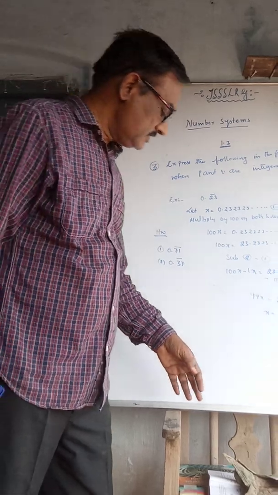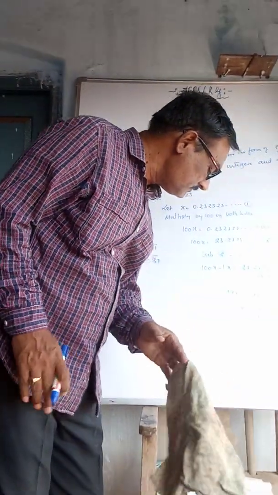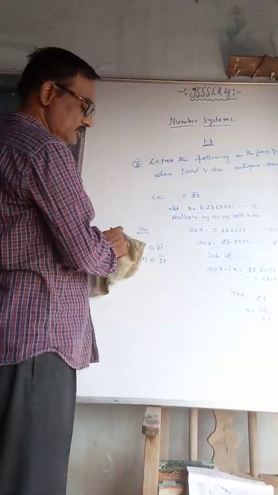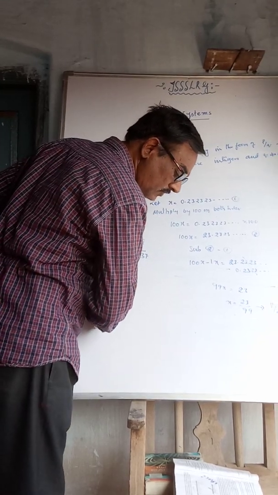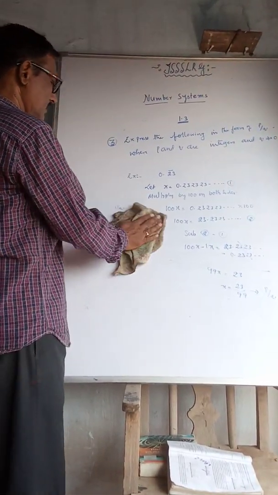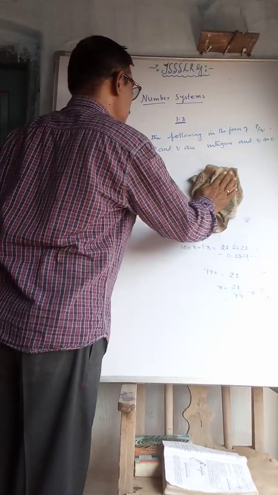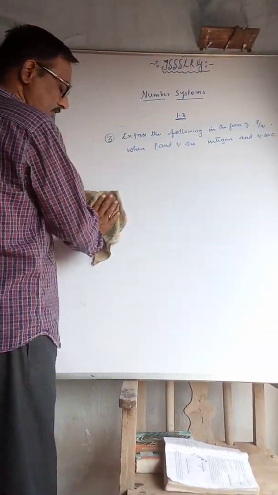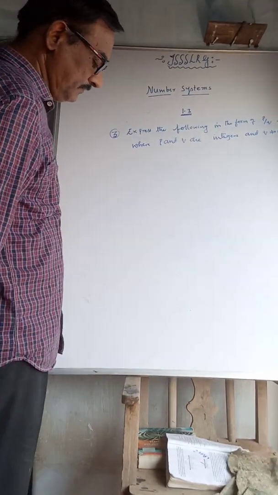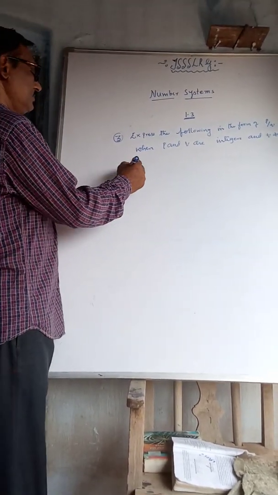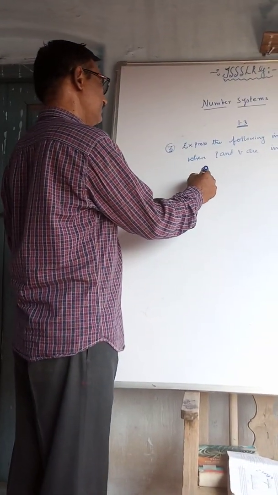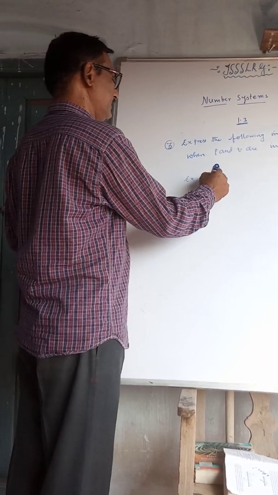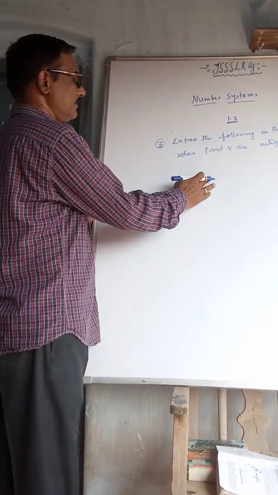Let us take one more problem, 0.001. Now we are going to take one more example sum, the third example.